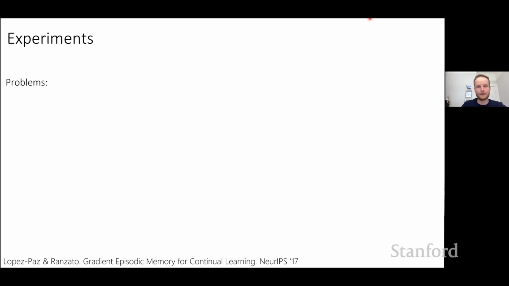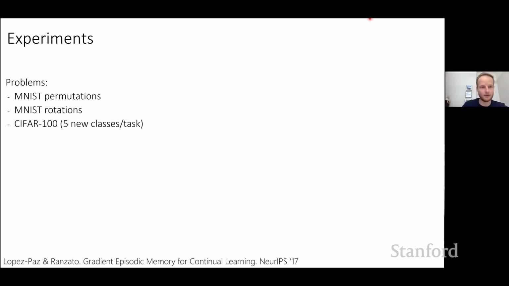All right. So then they do a series of experiments to evaluate this. The problems that they consider are MNIST permutations, where you see a different permutation of MNIST and you consider it as a different task. You can also rotate the MNIST digits and consider that as a different task.